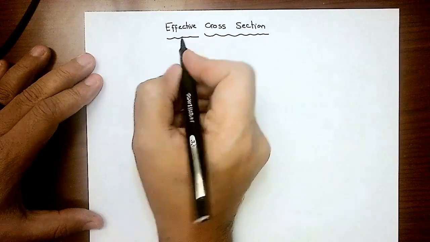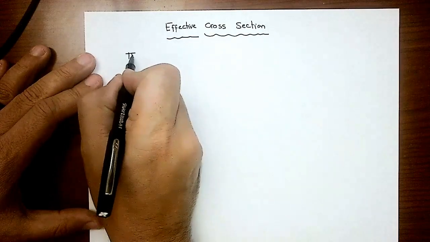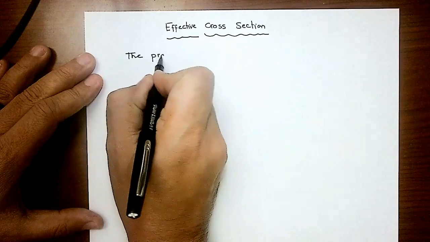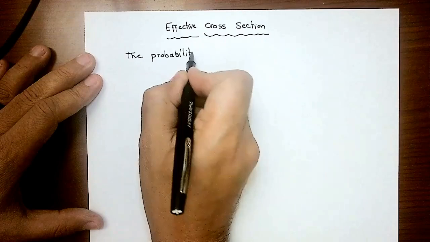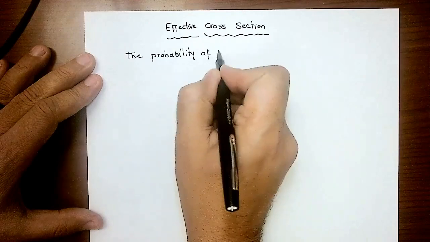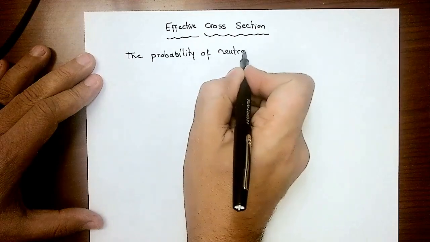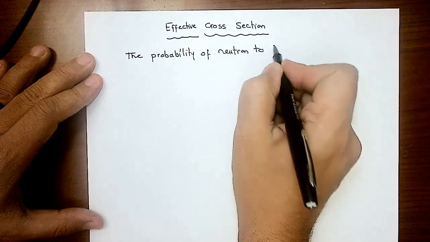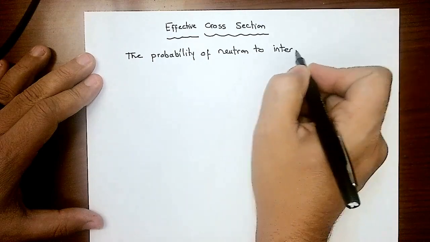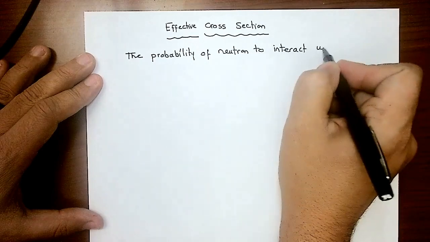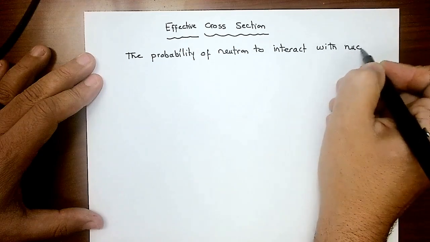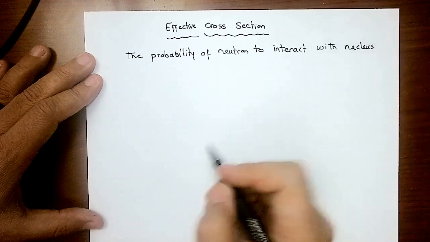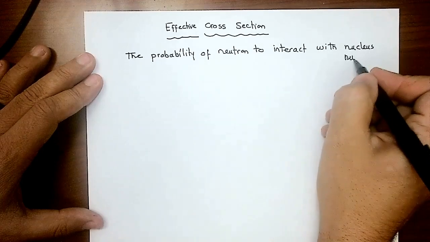When I say effective cross section, I mean it's the probability of a neutron to interact with a nucleus or nuclei.